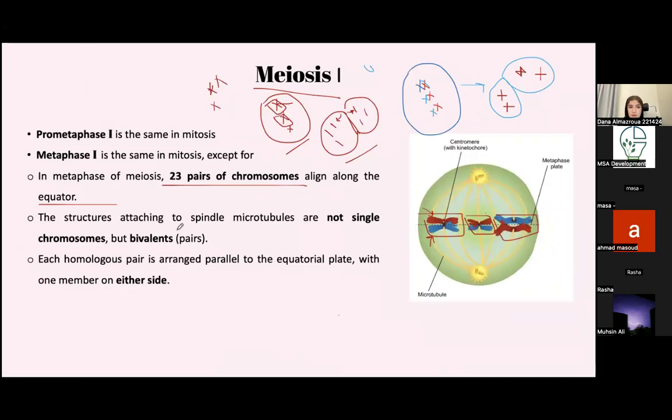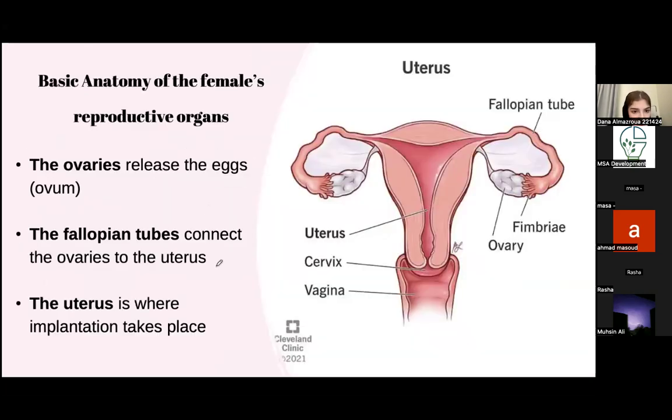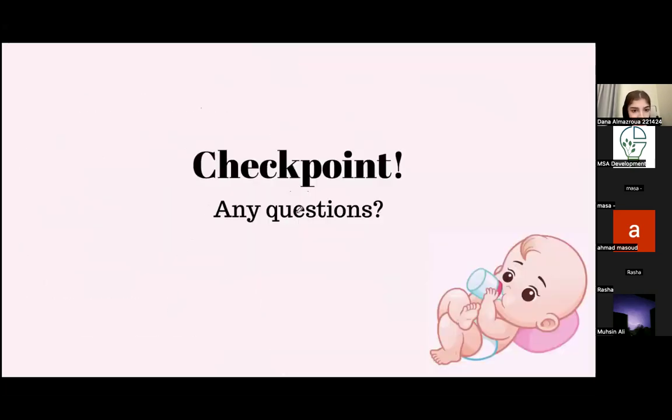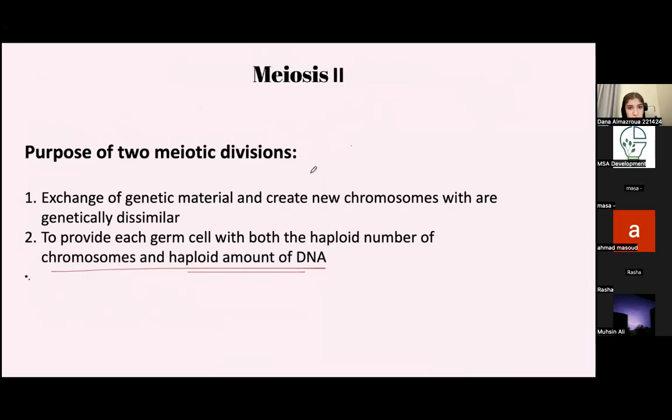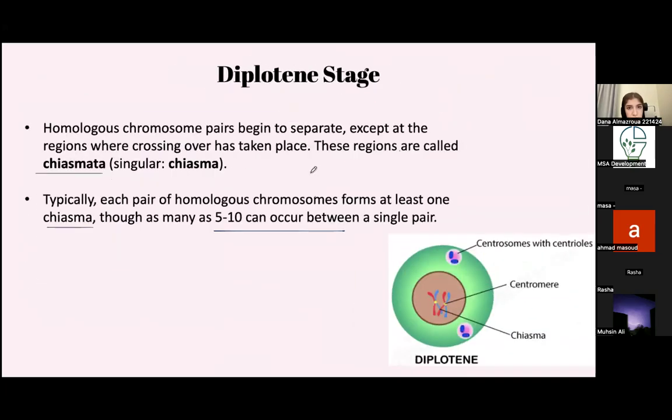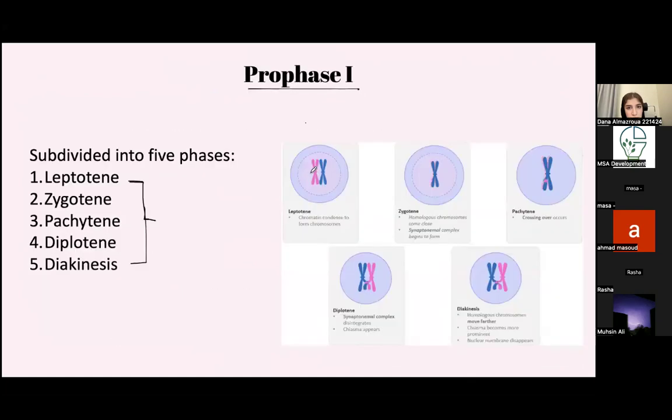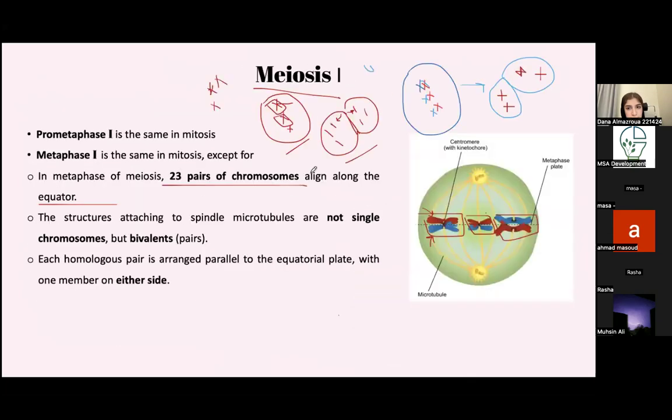Does anyone have any other question? Does that mean, in metaphase, since we have 2 bivalent pairs, we have 8 chromatids? Let's go to metaphase. No. Okay. If you look here, in metaphase, I understand why it confused you, but in metaphase we have 1 bivalent pair, 2 chromosomes. So we have 1 chromosome from the mother.